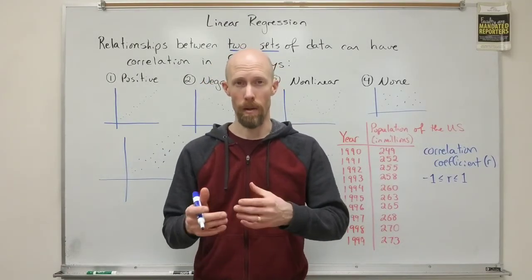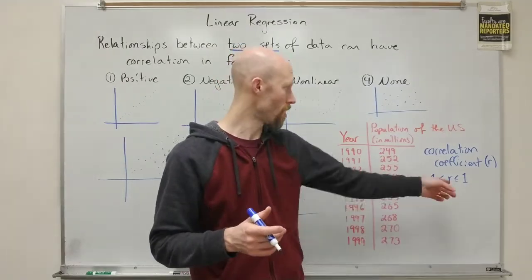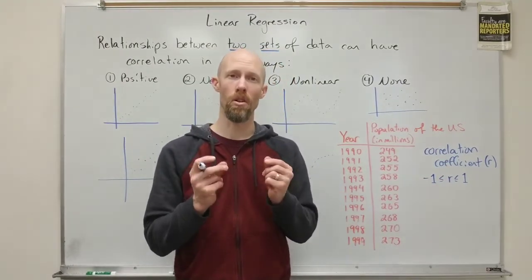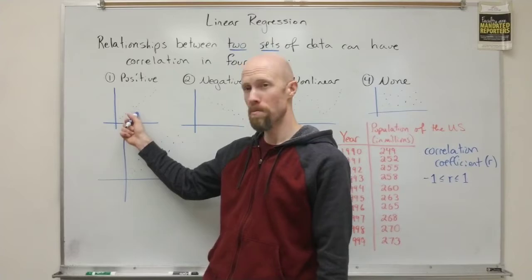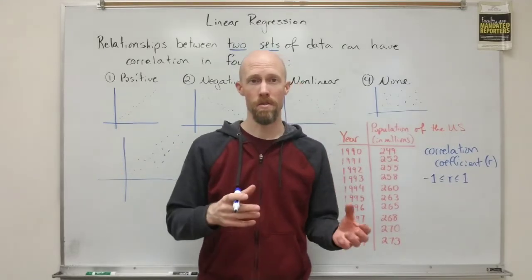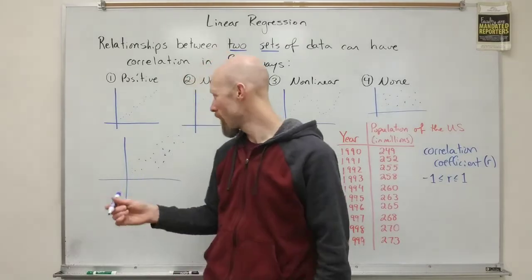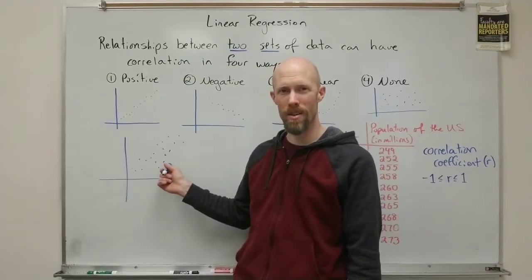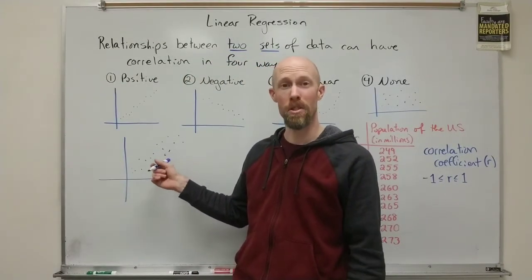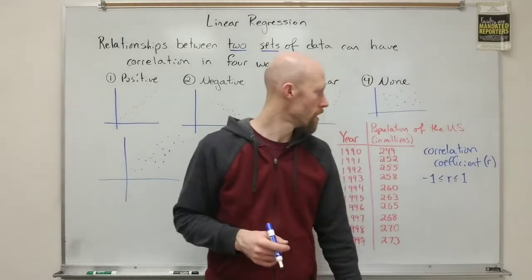Okay, so if R is 0.98, that's going to be a very tight positive correlation. If it's like 0.1, if it's closer to 0 but on the positive side, it's going to be a less defined but still positive correlation.